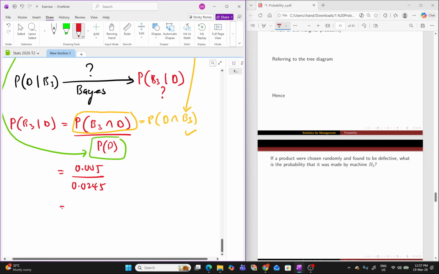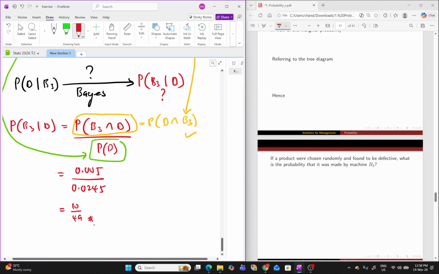And then if you compute, you will get 10/49. You can leave the answer like this in fraction. Decimal also can, fraction also can. So the probability that it's defective, what is the probability it's coming from plant 3? This is the answer.